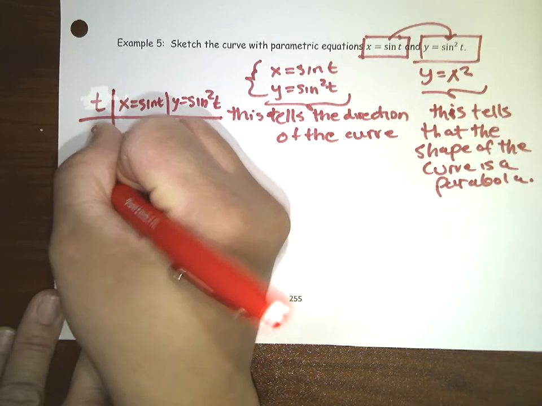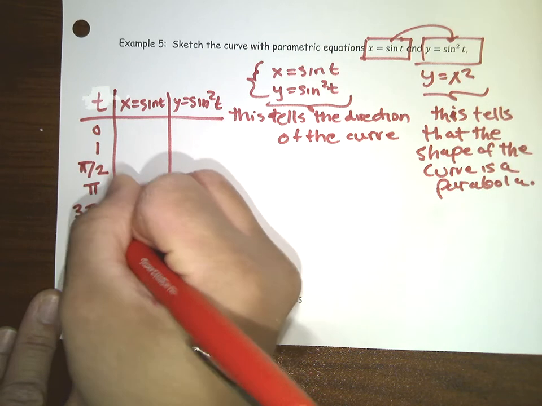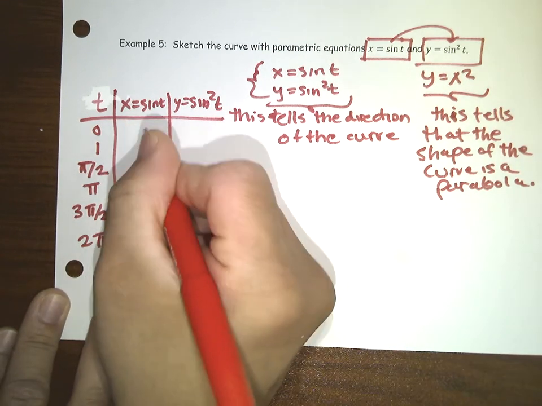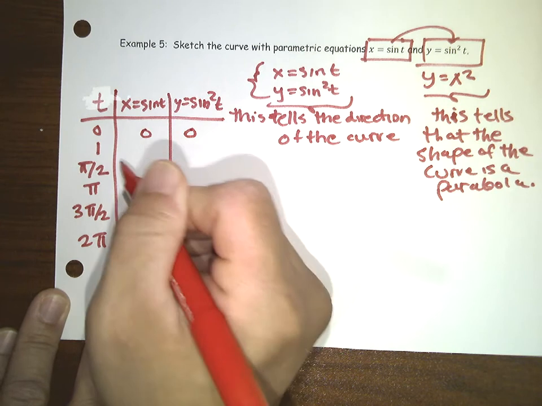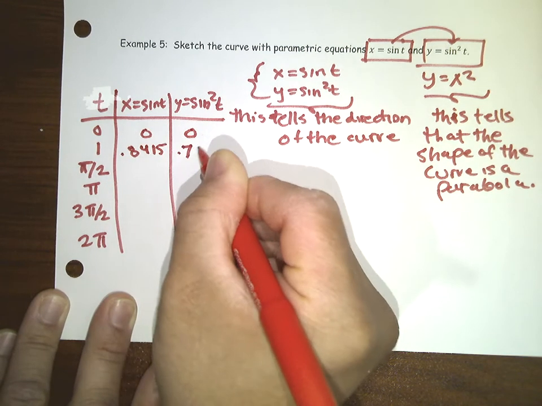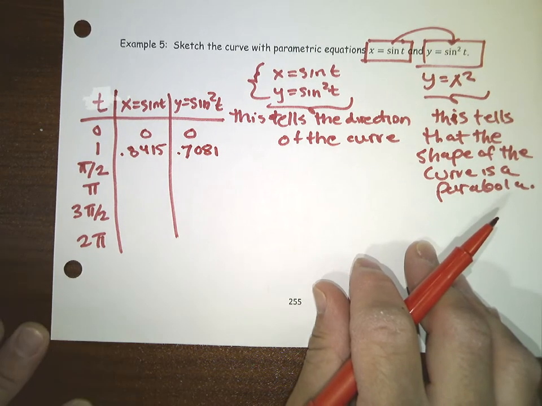You might still want to pick pi over 2 and pi and 3 pi over 2 and 2 pi. So if t is 0, you get 0, 0. If t is 1, you get 0.8415 and 0.7081 approximately. So that's not as easy to graph.